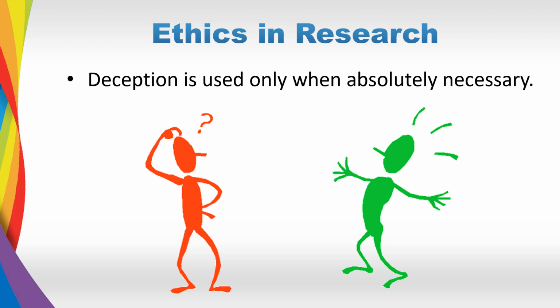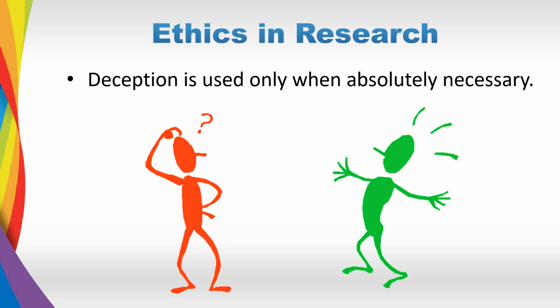But deception is usually used in research when, if the participants know what the deal is, that can change the results. So if you think about drug studies, if I was giving some people a drug and the others a placebo, if I were to tell you you're taking a placebo, do you think that's going to work? Usually not, right?